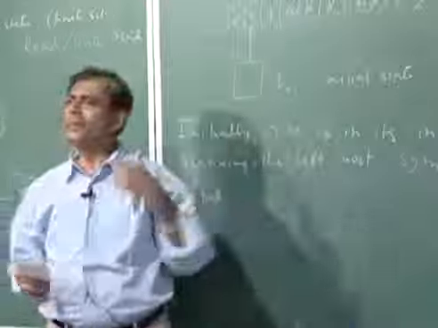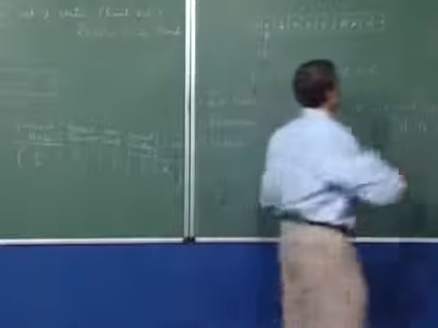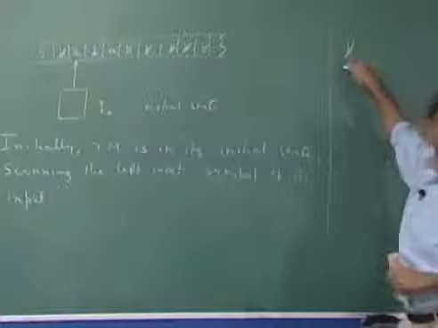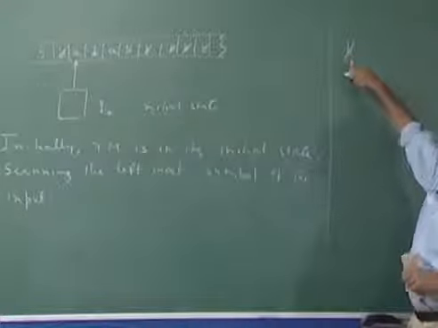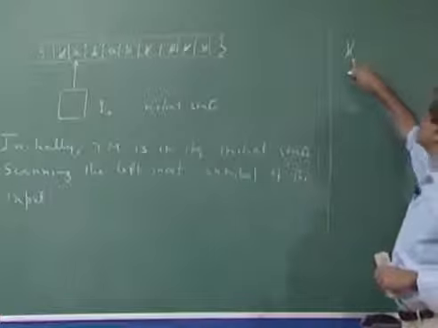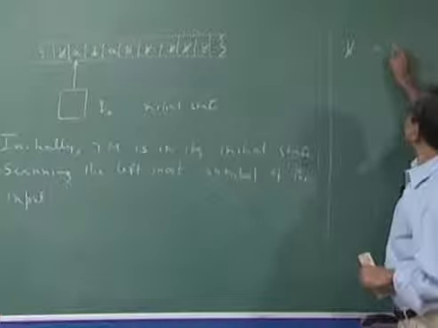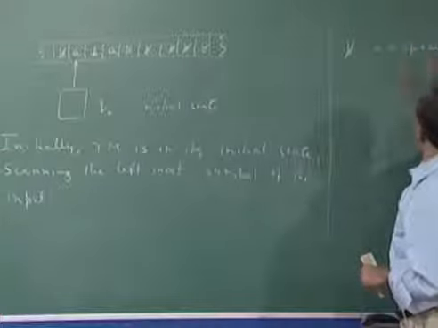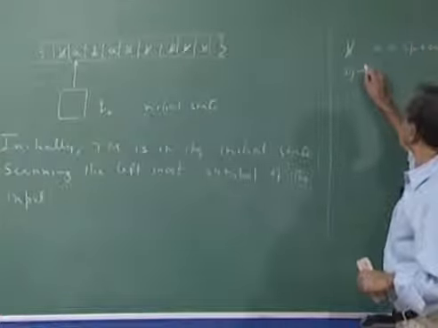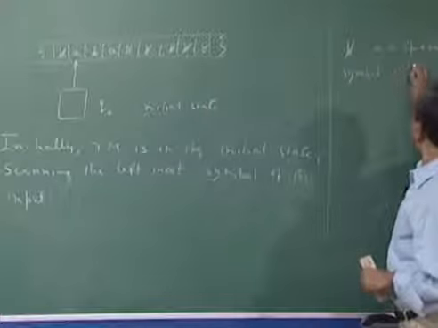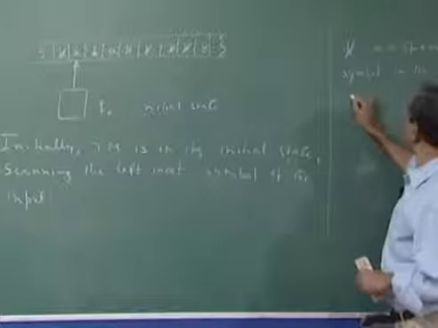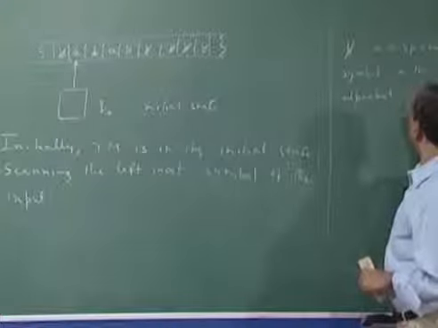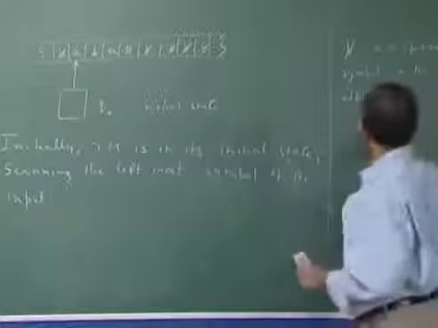Blank is a special symbol. I denote blank like this; this is the convention for the symbol for blank. Blank is a special symbol in the alphabet sigma. Why is it special?